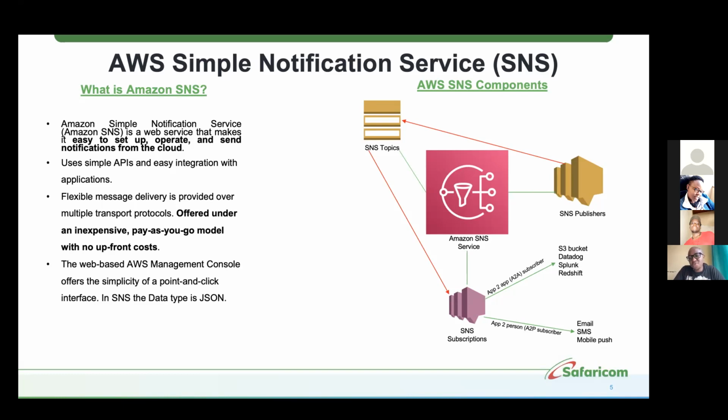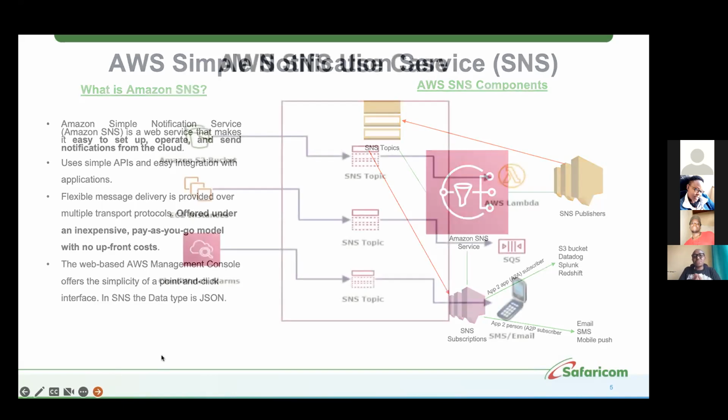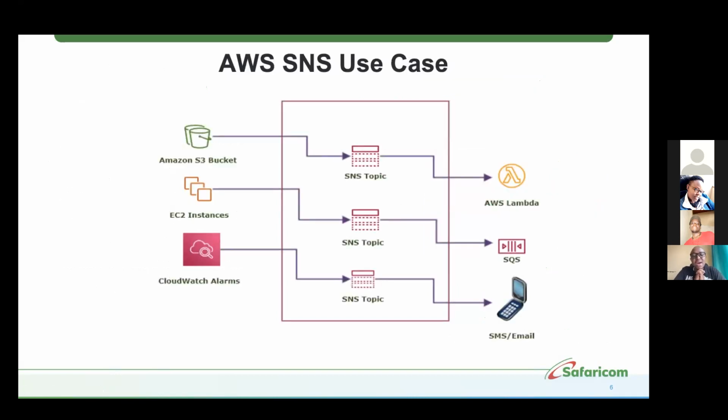So the next slide, and I think the second last slide, is more of a use case of what is happening. So you might find our publisher here. You can say I have an S3 bucket or an EC2 instance or even the CloudWatch alarms. This publishes directly into a topic.